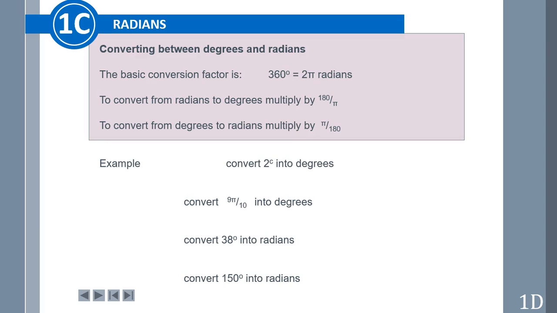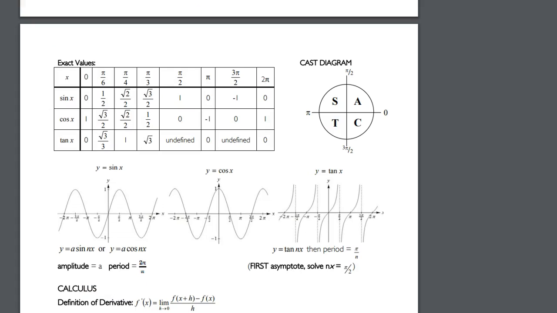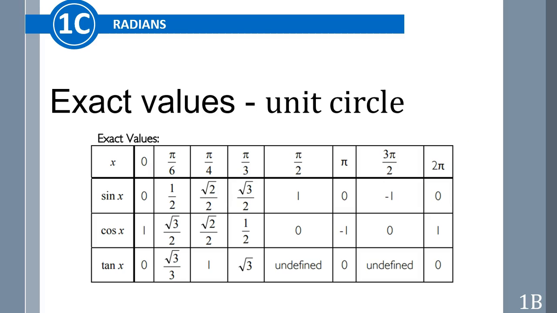If you think that pi is 180 degrees, then half of pi is half of 180, which is 90. On your formula sheet, the ones up the top are ones you should be very familiar with and should be able to do quite easily by the end of it. I might do it on the slide so I can write on it. So we know that 2 pi is 360 degrees.